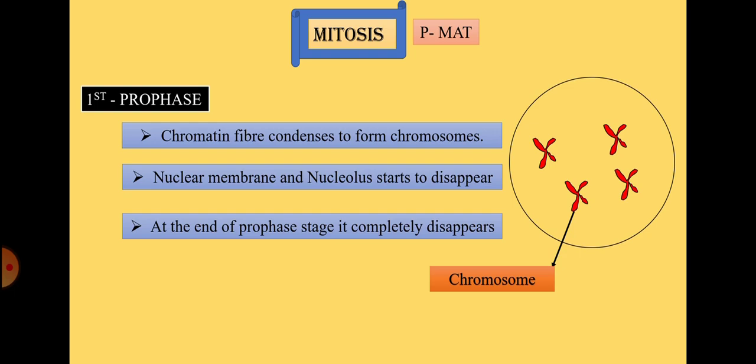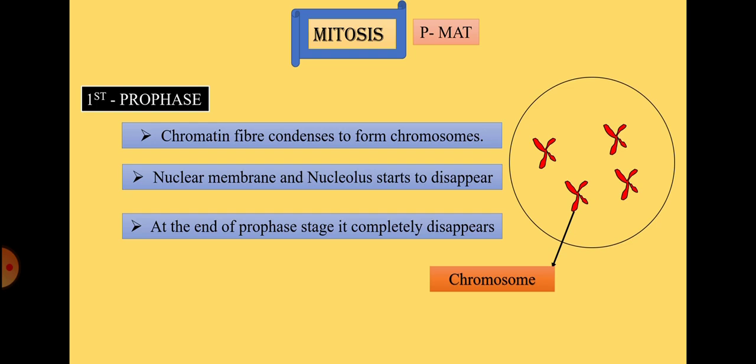As you saw in this slide, we initially had the nucleolus and nuclear membrane, but now since the prophase stage is completed, the nuclear membrane has disappeared. So in the prophase stage, first the chromatin fiber condenses to form chromosomes, and the nucleolus and nuclear membrane completely disappear.